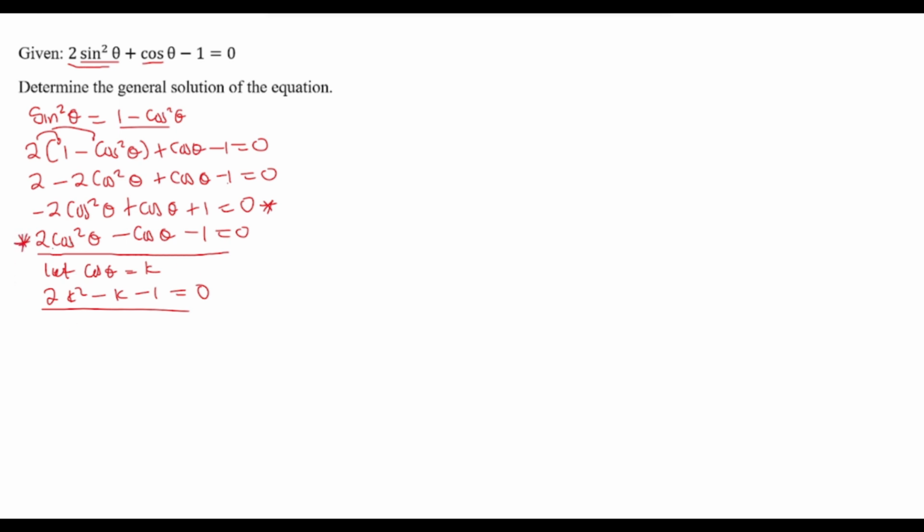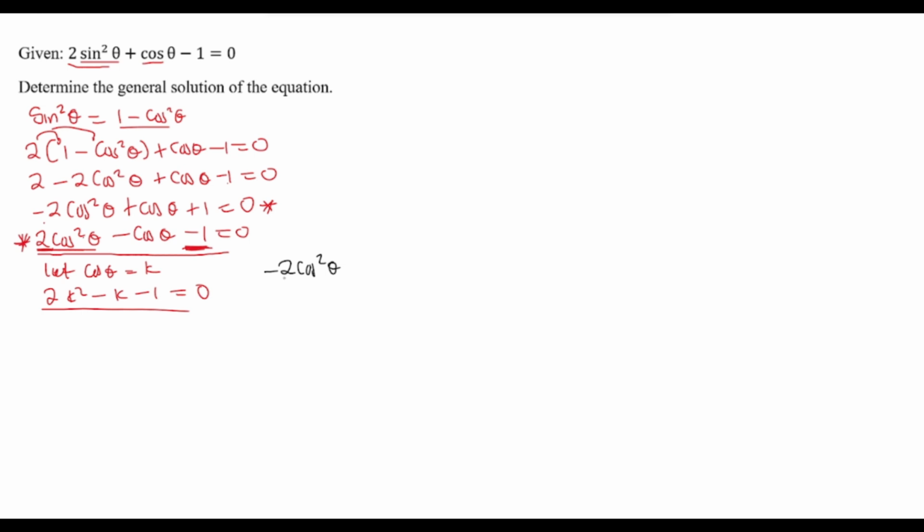The coefficient of cos squared theta here is 2. We cannot use a shorter way of factorization here. We may have different methods. If you have your own way of factorizing this, please do so. What I usually do, I start by multiplying this term with this term. 2 cos squared theta times negative 1 is negative 2 cos squared theta.